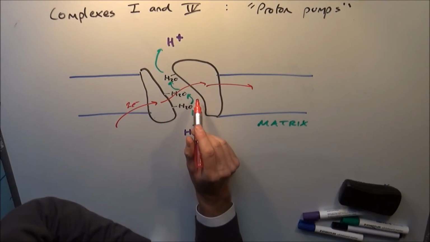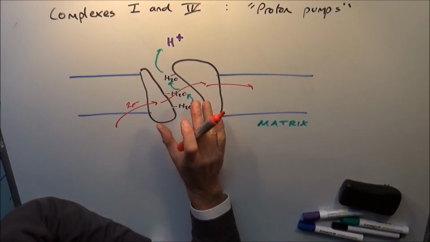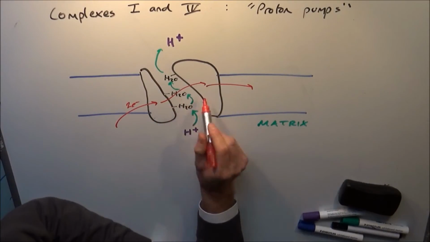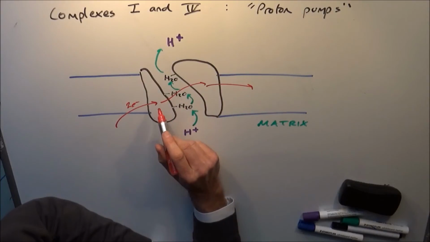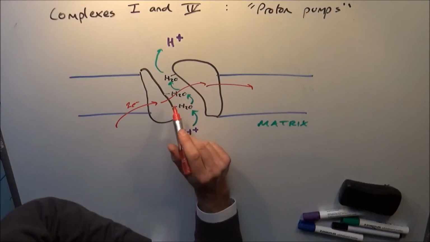So these proteins change their tertiary shape, the tertiary structure, depending on whether they're in the oxidized or the reduced state. Well, it's not really the proteins that are in the oxidized or reduced state, it would be the prosthetic groups that they have. So you've got irons in some of them, for example.